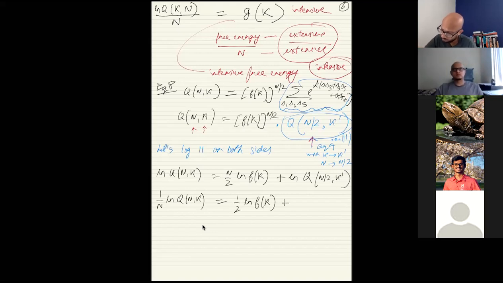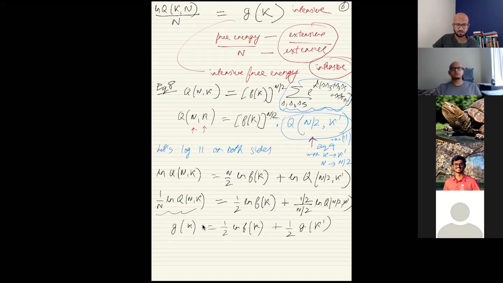Plus, divided by n, but I will introduce another half over here, ln q of n/2 comma k prime. This thing on the left is g of k. This thing is half ln f of k, and this is half g of k prime, right?